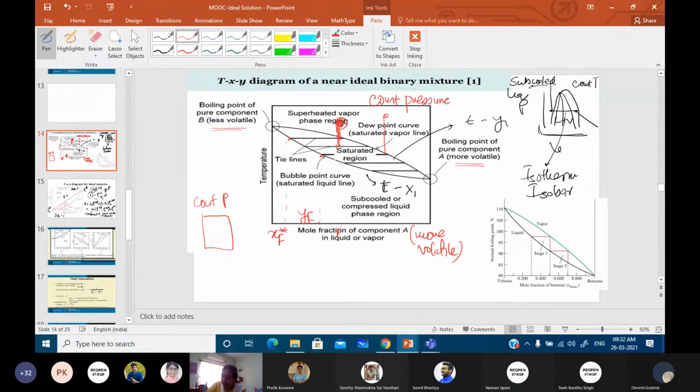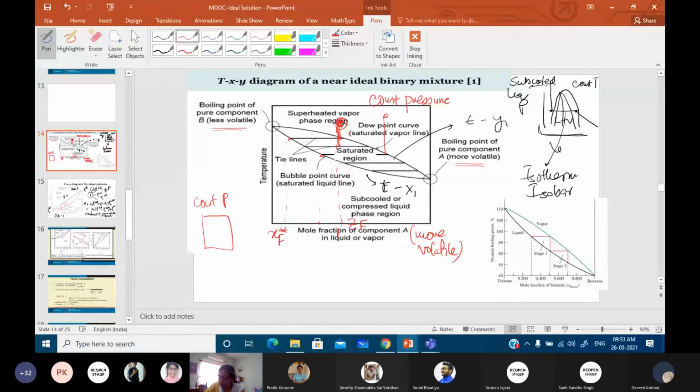So for this particular point, instead of YF, I'll put it as ZF, so that Z signifies it can be a vapor or a liquid. In this case, it is a vapor. We can also start from the bottom as well. Now, this XF star was in equilibrium with ZF.